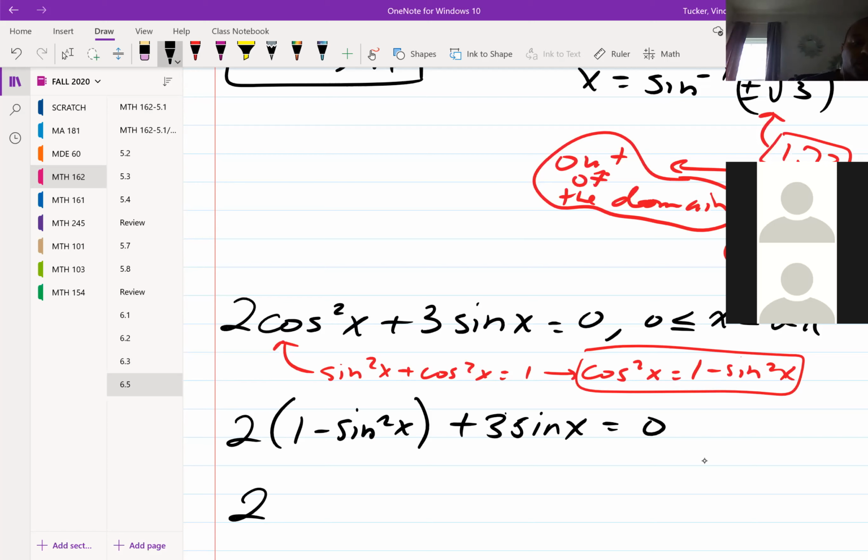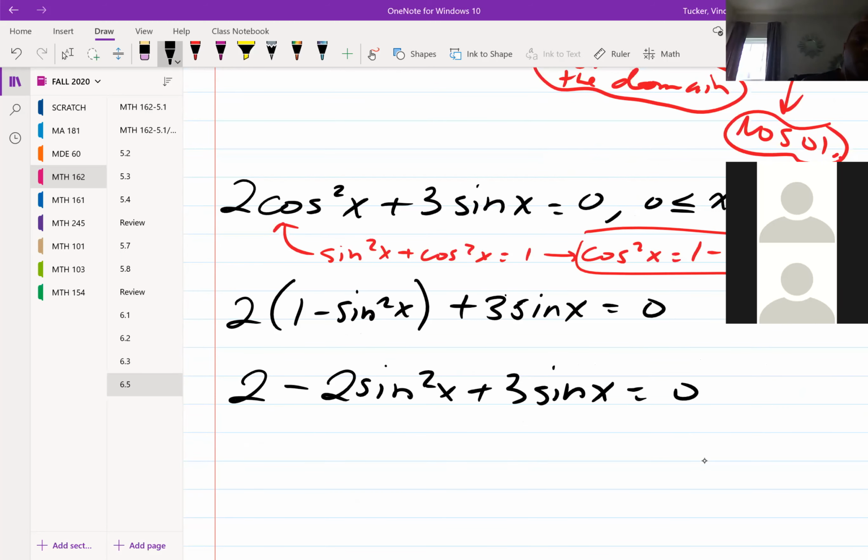So distribute, that's 2 minus 2 sine squared x plus 3 sine x. And probably rearrange these terms just like I would a quadratic.